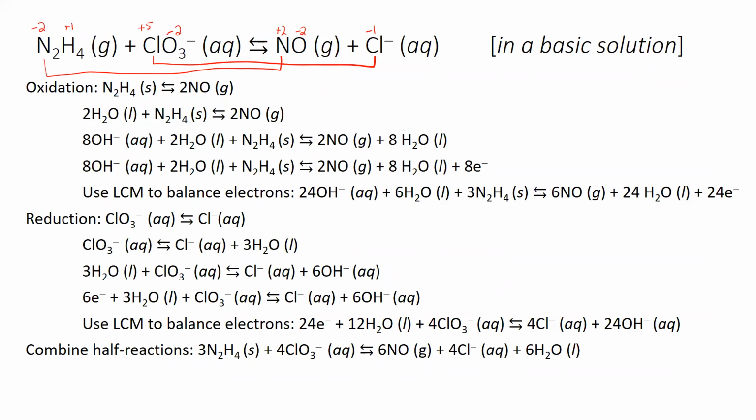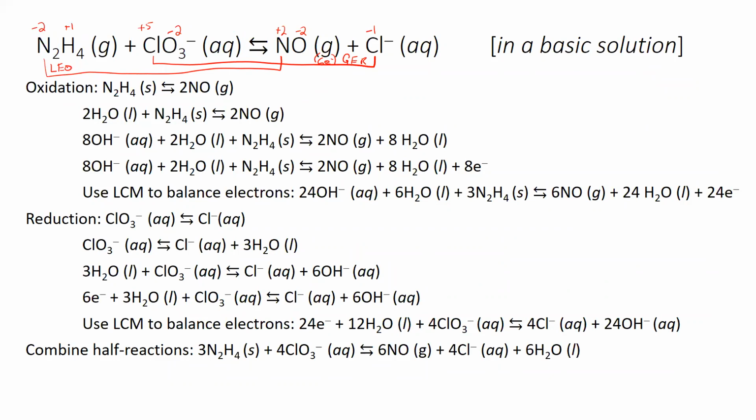Chlorine goes from +5 to -1, therefore it has gained electrons. In fact, each chlorine goes from +5 to -1, so you could make a note here that each chlorine has gained 6 electrons. If you look at the nitrogen, it goes from -2 to +2, so here it is losing electrons. Loss of electrons is oxidation.